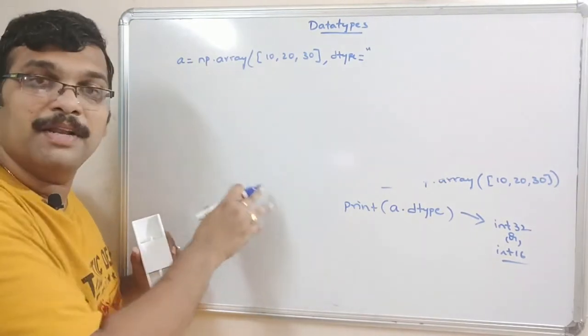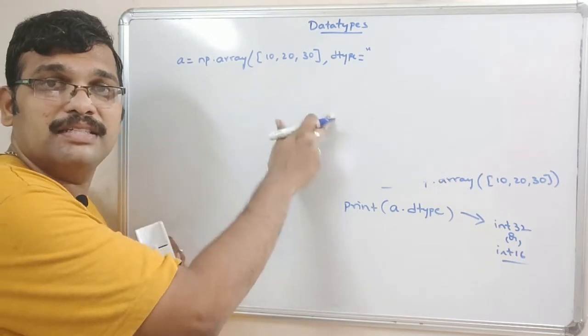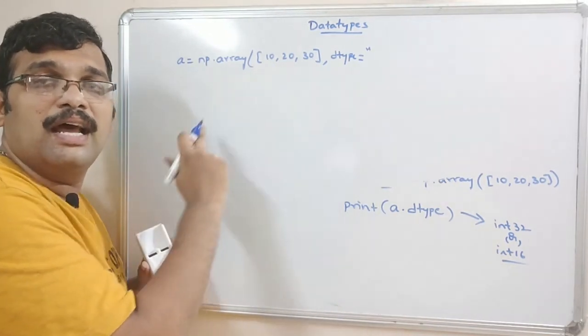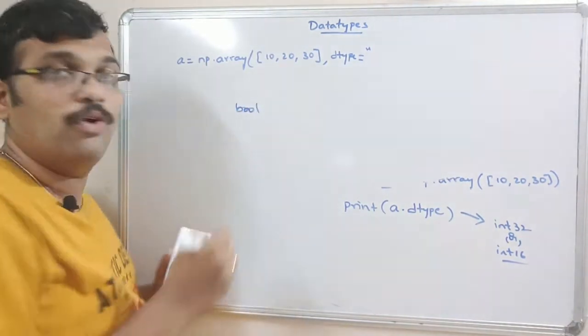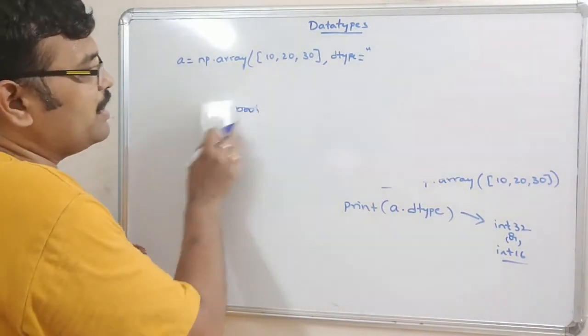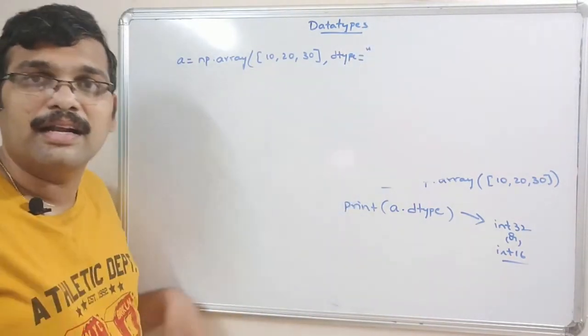What are the symbols we have seen just now? i represents the integer, U represents the Unicode string, f represents the float, and also boolean, if it is a boolean, bool, right? All these are the data types, and that data type character should be written here in quotations.